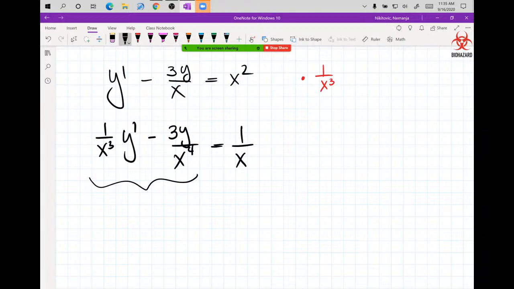Now this combines into the derivative of 1 over x cubed y equals 1 over x. So I hope you have the same. Are we all good?